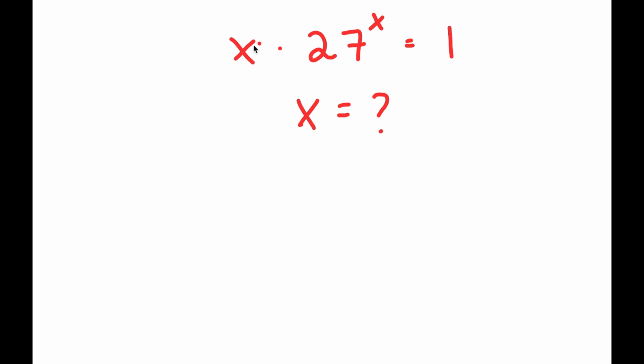So then these two cancel out, and I get 27 to the power of x is equal to 1 over x. So from here, we can already say that x cannot equal 0. Because if x equals 0, then we get 1 over 0 on our right-hand side, and this is undefined. So x cannot equal 0.